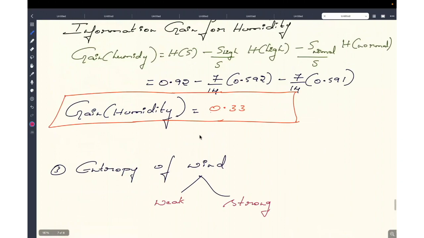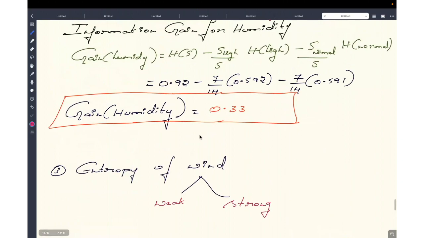Just check if you got the same. I'll check humidity once again. It should be lesser than your weather. Let me recalculate this.